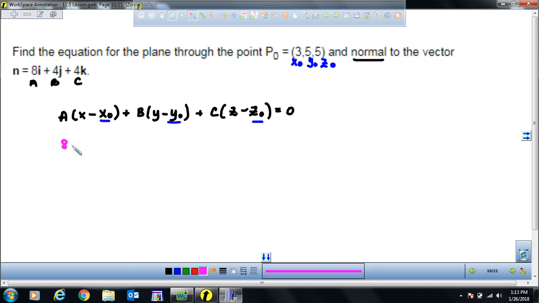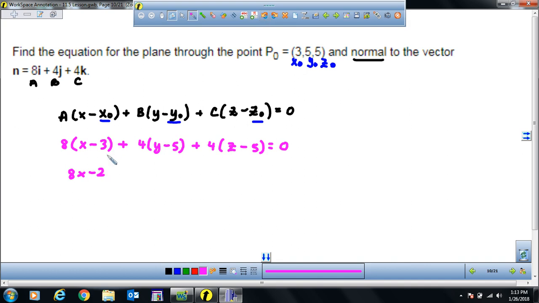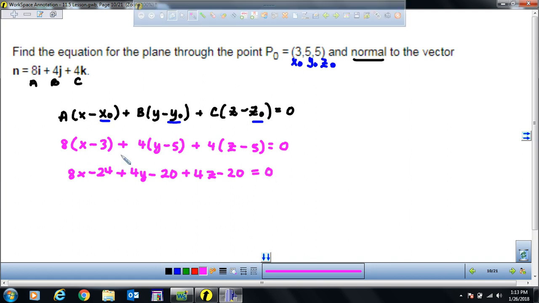So that would be 8 times x minus x0, which is 3, plus b, which is 4, times y minus y0, which is 5, plus c, which is 4, times z minus z0, which is also 5, equals 0. Then we're going to distribute to simplify, so it would be 8x minus 24, that's what I said, not 28, plus 4y minus 20 plus 4z minus 20 equals 0.